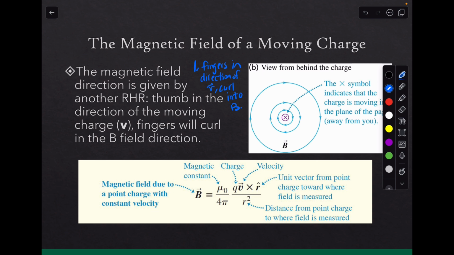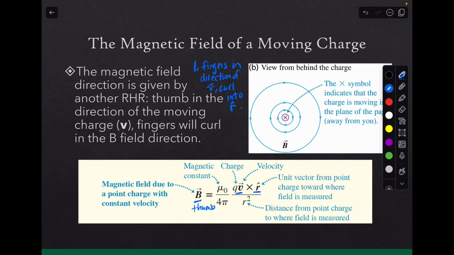But we don't have an F here. So what we're doing is we're curling V into r hat, okay? So to apply the right-hand rule to this equation, we're curling V into r hat. And then the direction of our thumb will be B.